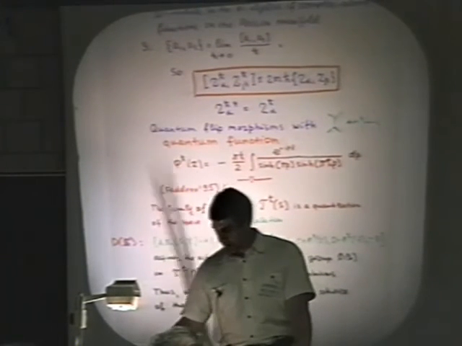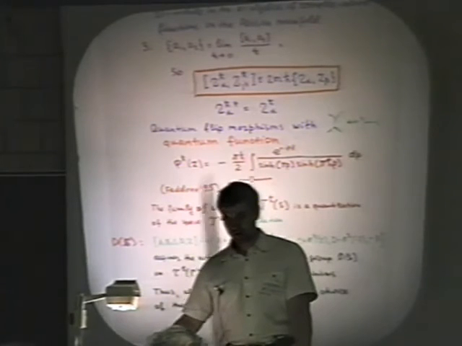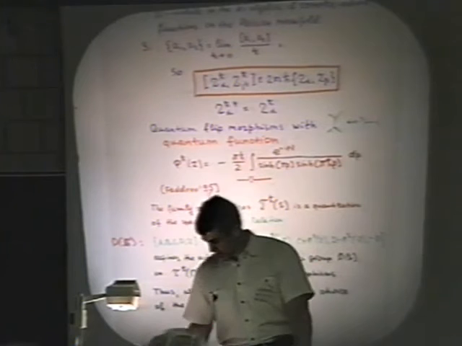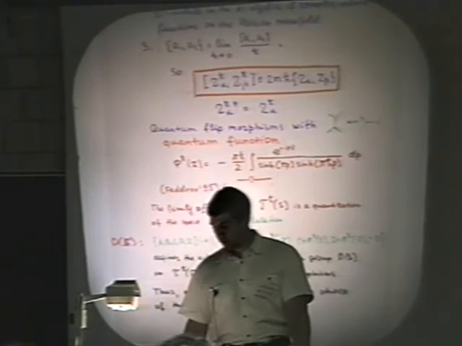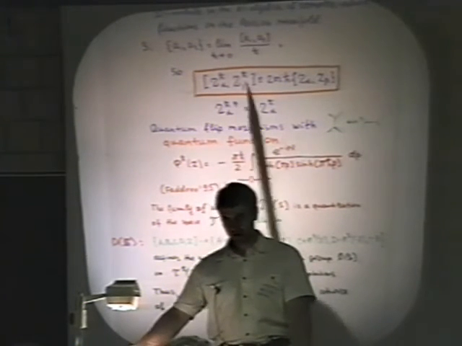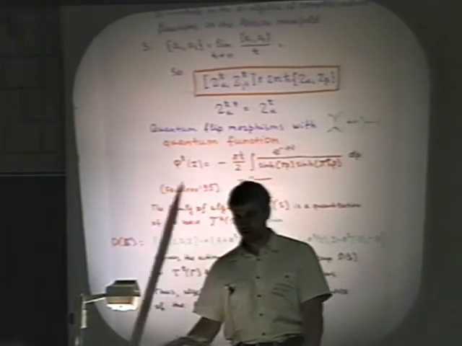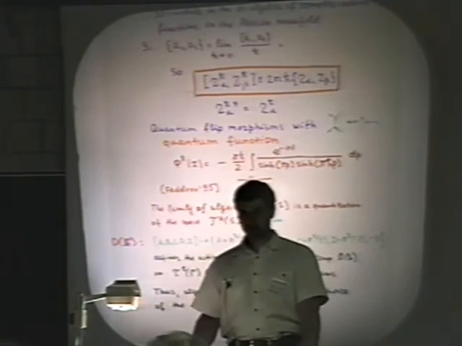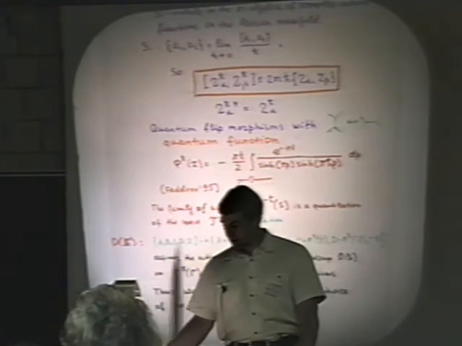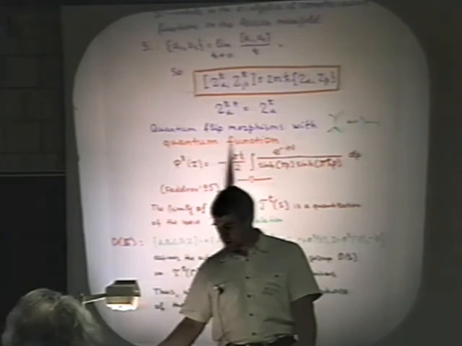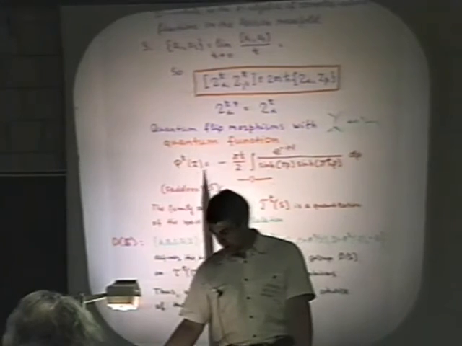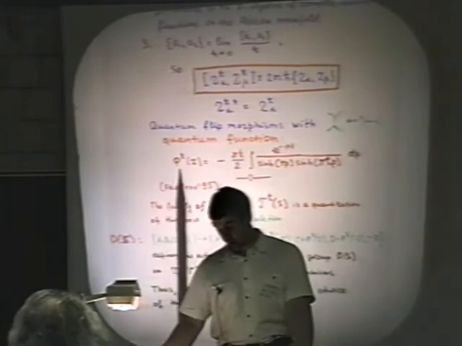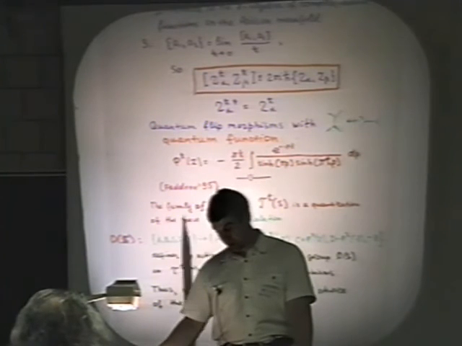Next is what will be a quantum flip transformation, or more correctly, quantum flip morphism between two algebras corresponding to two different graphs. It has the same structure, the same form, except that instead of the classical function phi, we must introduce a quantum function corresponding to this morphism.